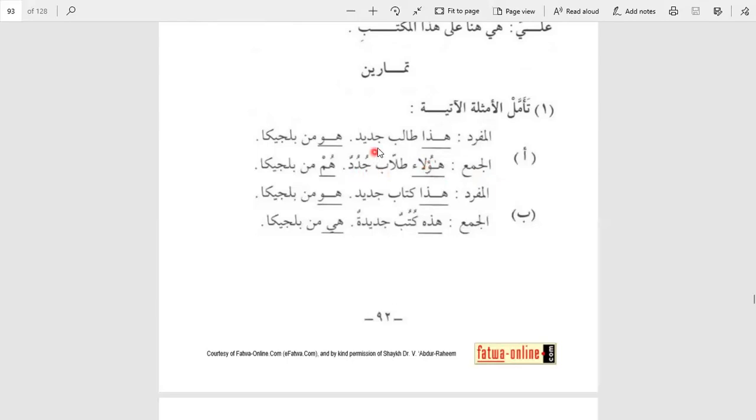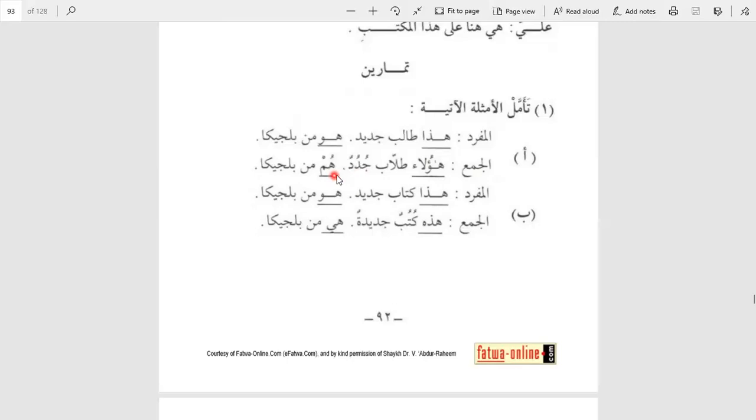Here we had jadid because it was singular, talib. Now we have tullab, we have judud. So it means the na't also changes into plural. You need to know the plurals of the na't as well, like we learned in previous lessons. Jadid becomes judud if we are referring to humans.